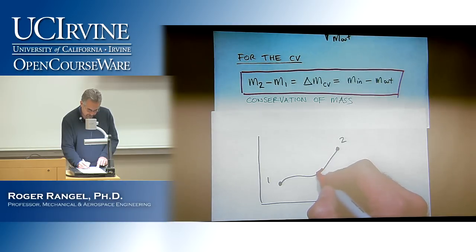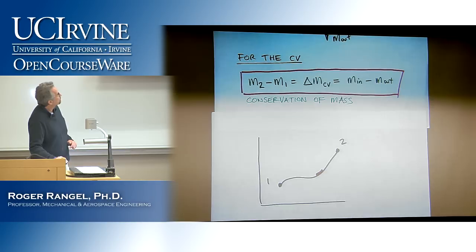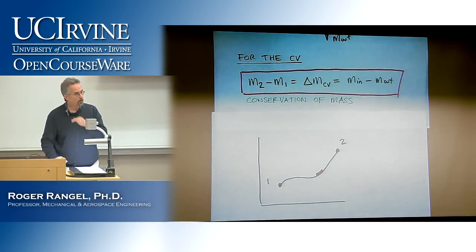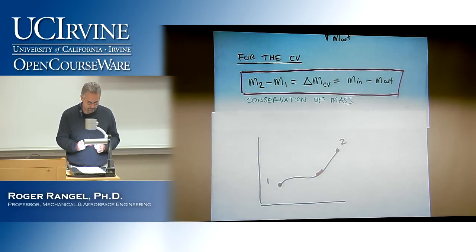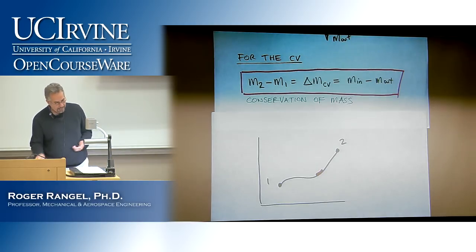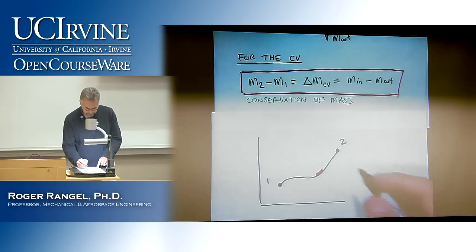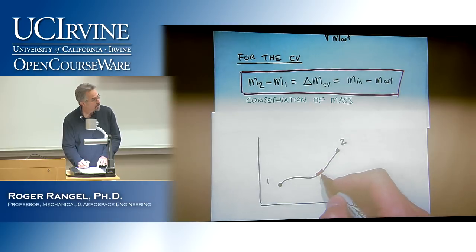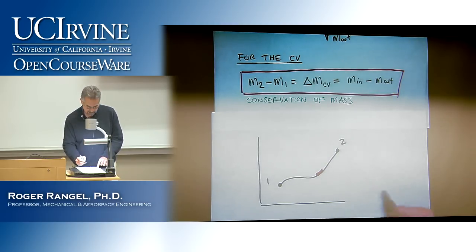So this red segment is just a small portion of the entire process that goes from 1 to 2. And I might be interested in knowing how much the mass changes inside the control volume during that infinitesimal segment of the process. And instead of calling that delta M, I would call it dm.